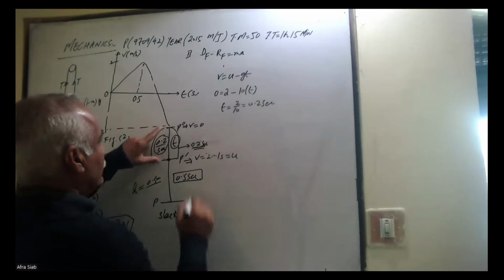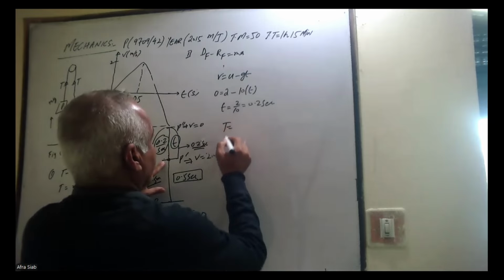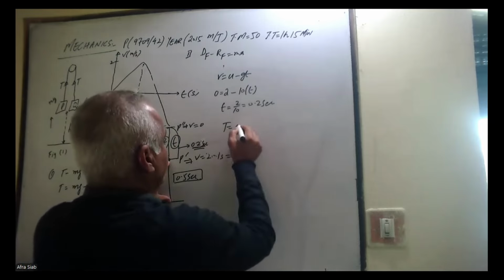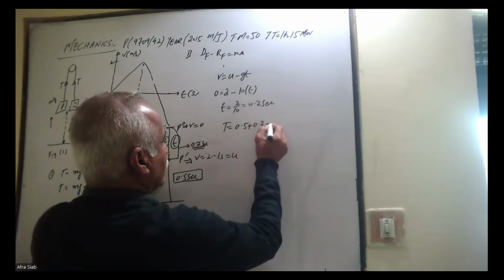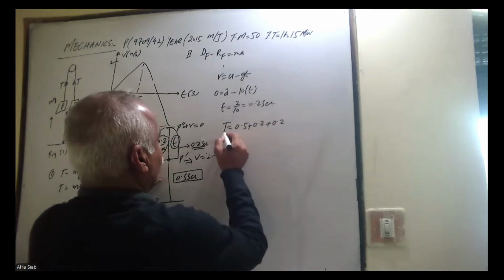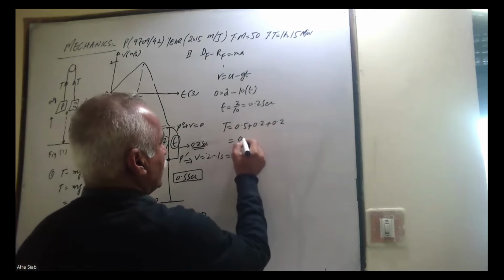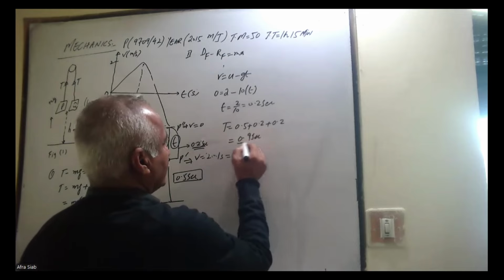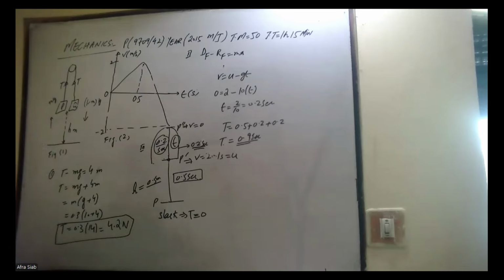So it means the particle P is going to take a total time of, first 0.5 seconds, and then 0.2 plus 0.2, because you are going to find out the height of that particle there. So that is equal to 0.9 second, the time when the string becomes taut again from the height of the ground there.